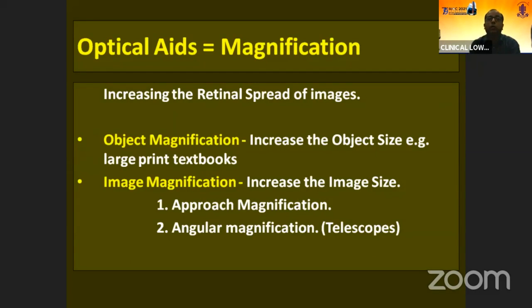All these low vision aids work on the principle of magnifying the image to such levels that the patient can appreciate the image. This can be done in two ways: by simply increasing the object size, called object magnification, or by image magnification, which is done via approach magnification or angular magnification.